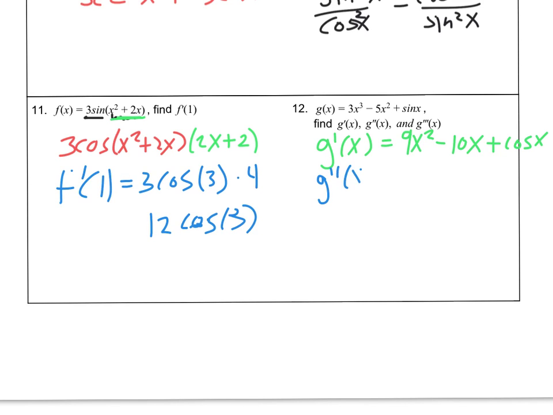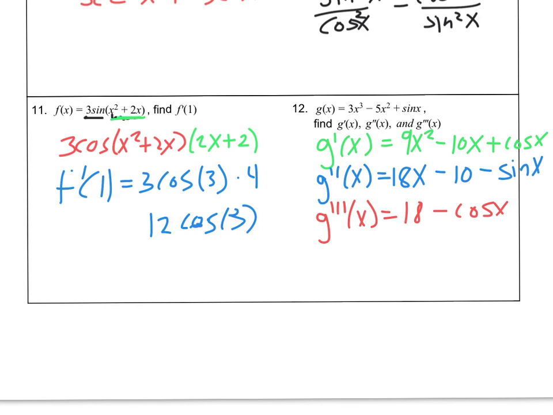G double prime of x is going to be 18x minus 10 minus sine of x. And g triple prime of x is going to be 18, that goes away to 0, minus cosine of x.